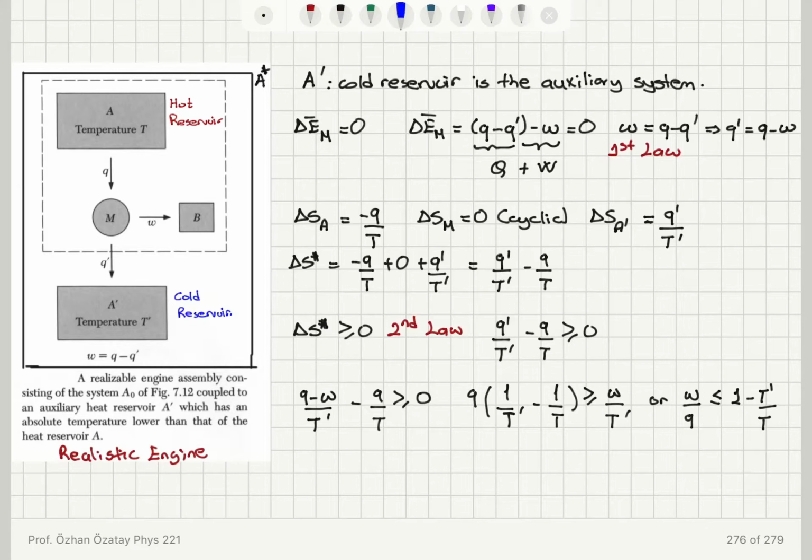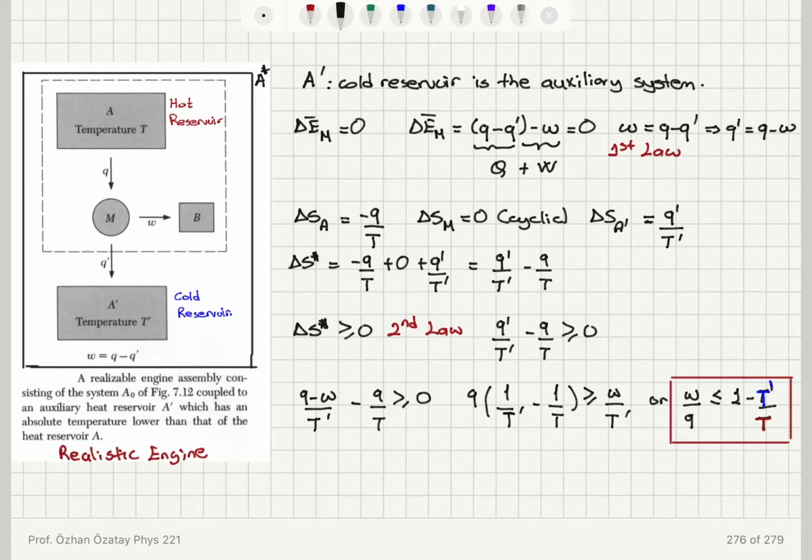So let me make sure that this is the cold reservoir temperature and this is the hot reservoir temperature. 1 minus T prime over T. So we find that there is a theoretical limit on this ratio, W over Q should be less or equal to 1 minus T prime over T.